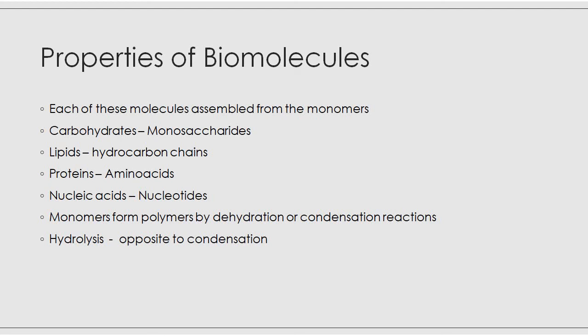And then you have hydrolysis, which is the opposite of a condensation reaction. That reaction helps in breaking the molecule, so the polymer gets converted to monomers by undergoing a hydrolytic reaction.